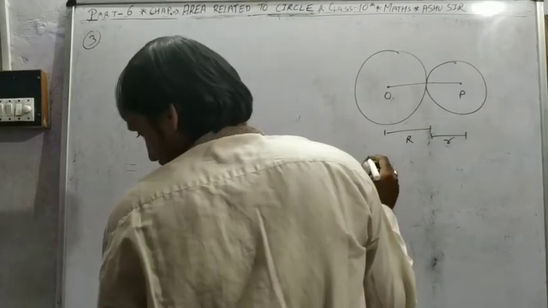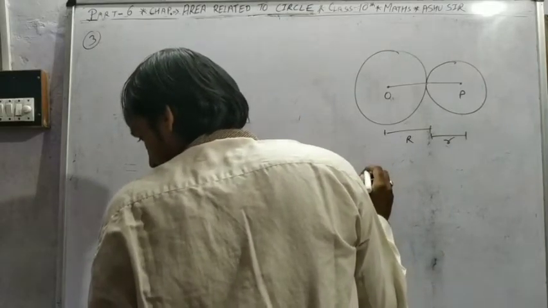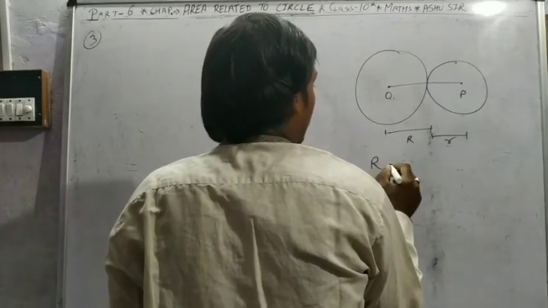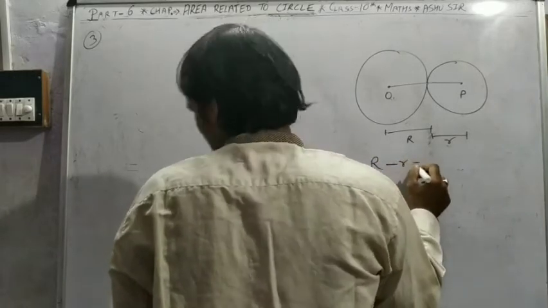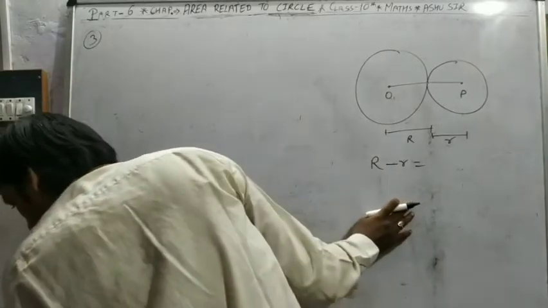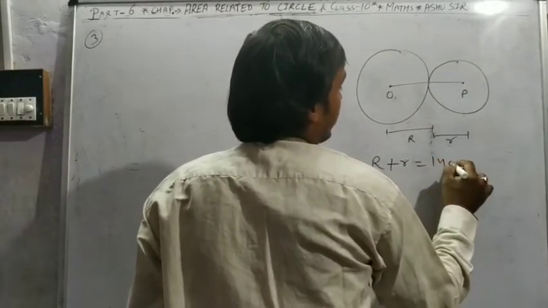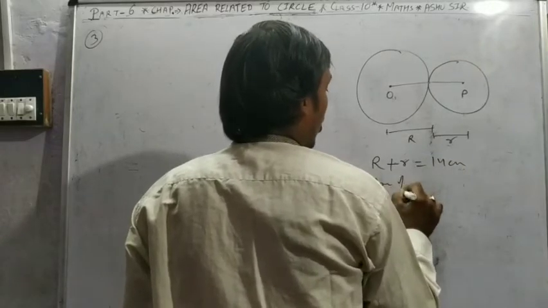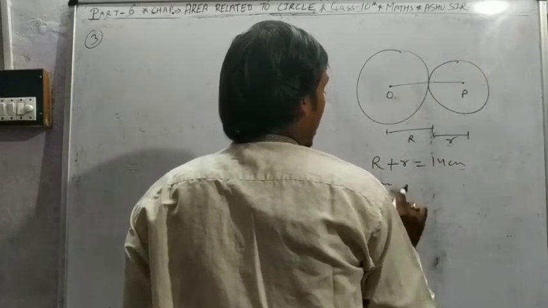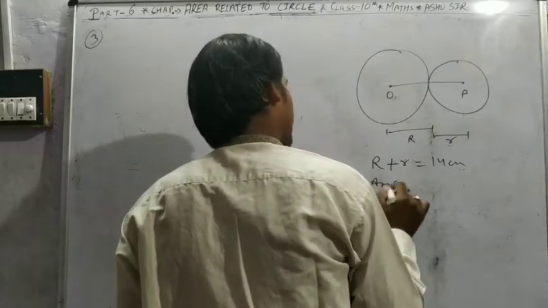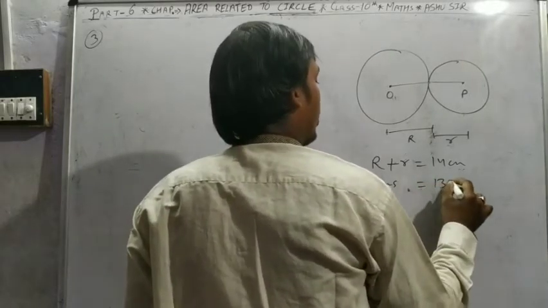The question is given: the difference between their centers, R minus r, is equal to the distance between their centers, 14 centimeter, and the area sum is 130 pi.